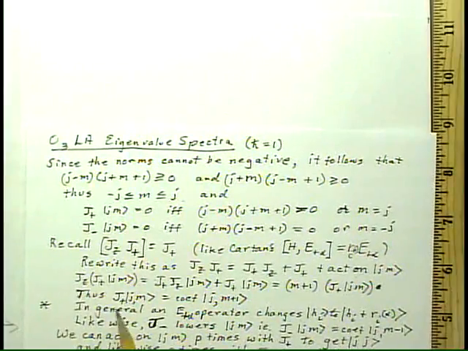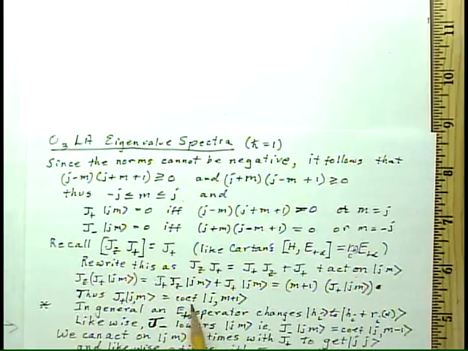Consequently, it follows that J plus times the vector jm is some kind of coefficient, with normalization and so forth, times a vector that has the eigenvalue j and the eigenvalue m plus 1. We have just shown that the eigenvalue of this vector here of Jz is m plus 1.